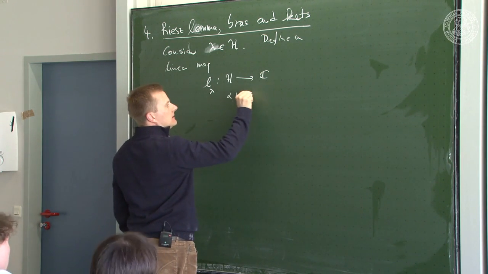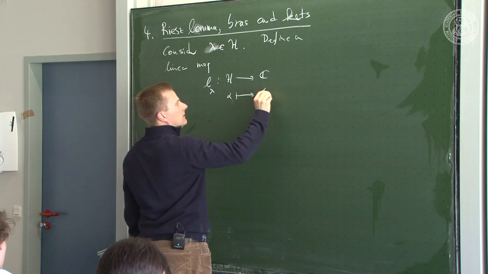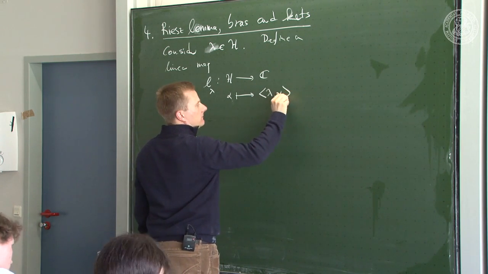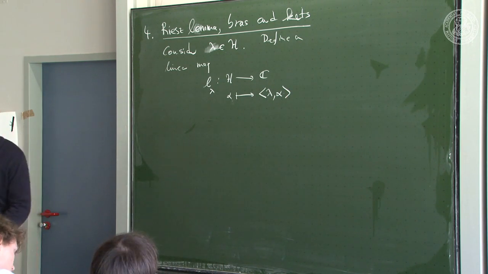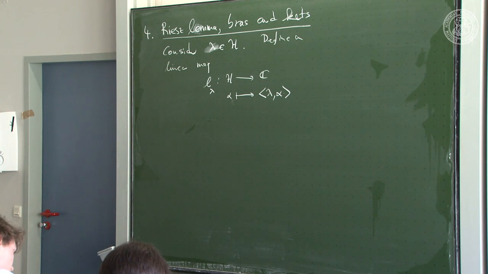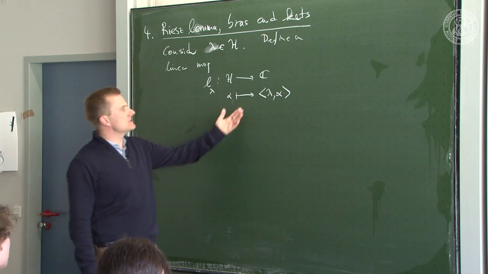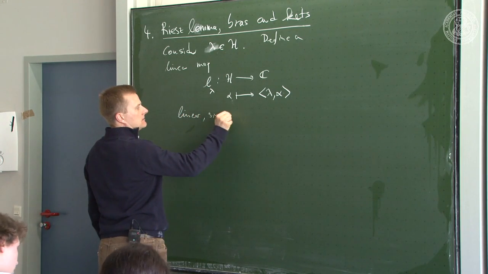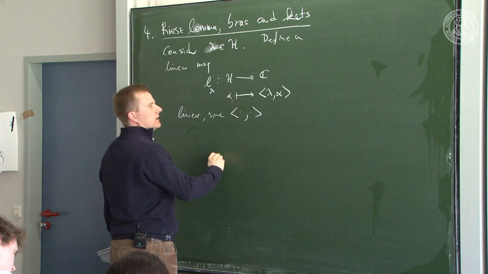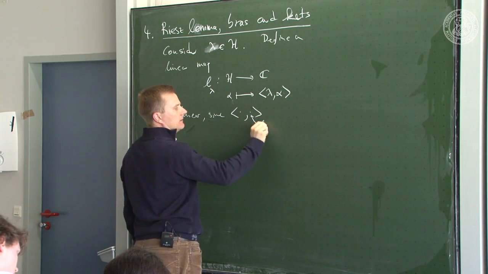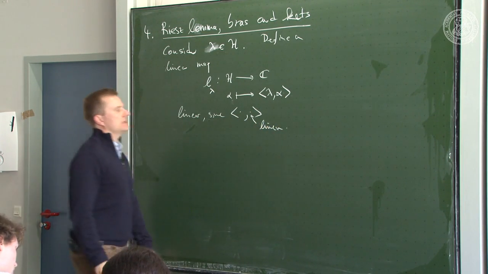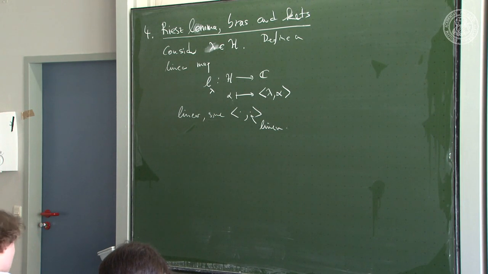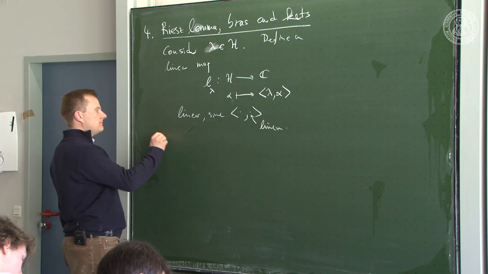Alpha is being mapped to lambda comma alpha. Well, this is clearly linear, since the inner product is linear here in the second entry. So this is a linear map. It's also a bounded map.